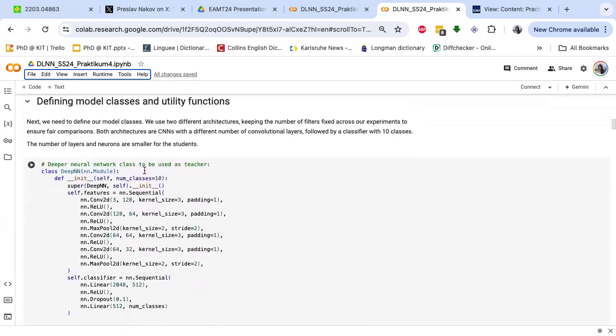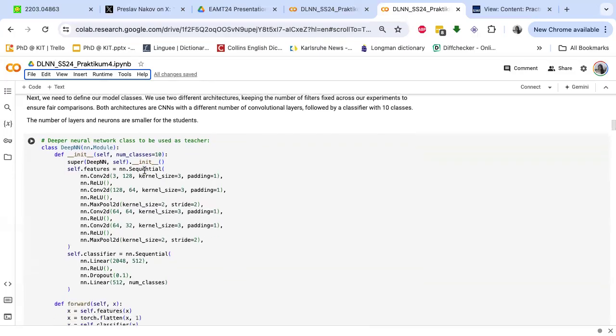The first part of the notebook is to define model classes and utility functions. Here we will use 2 different architectures, one for the teacher and one for the student model, both of which are CNNs with the same number of filters or kernels.